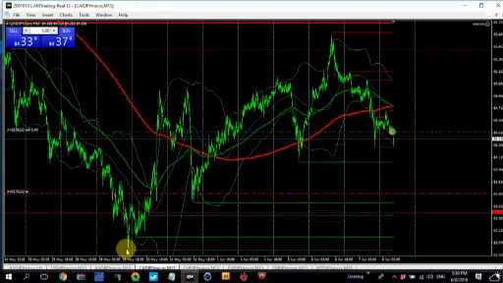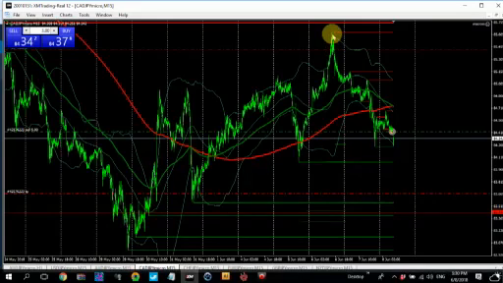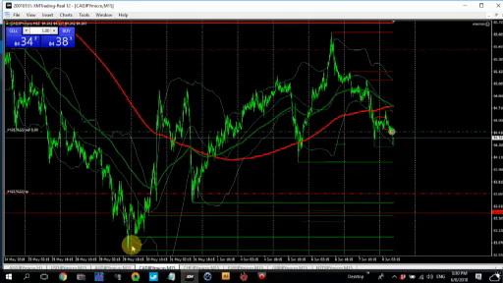Then there's something you're going to calculate. The 15-minute time frame does not move more than 150 pips. It will never move more than 150 pips. If you take a look at from here to here, it's between 150 pips to 200 pips.